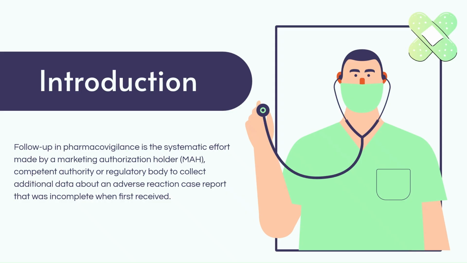If I talk about the definition listed here, it is the systematic effort made by the marketing authorization holder, competent authority, or regulatory body to collect any additional data about an adverse reaction case report that was incomplete when it was first received. The MAH, or marketing authorization holder, refers to any company or organization that is legally responsible for placing a medicinal product on the market.